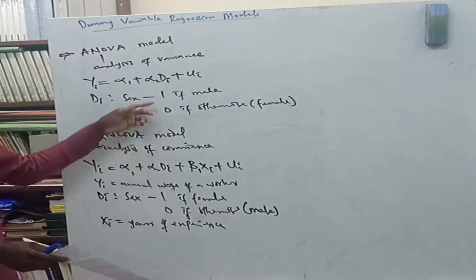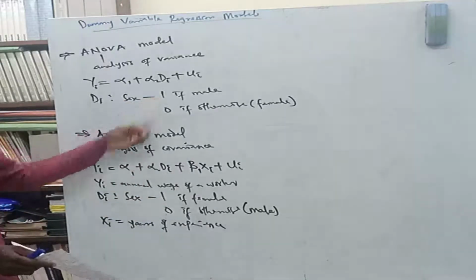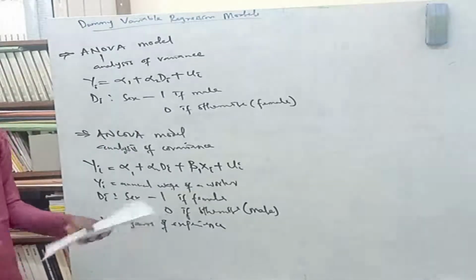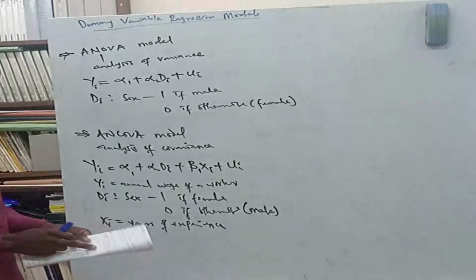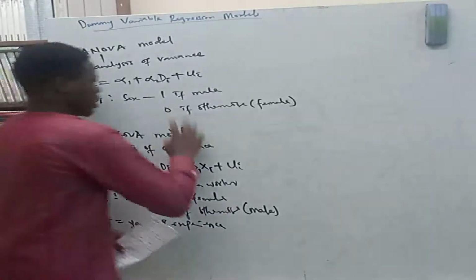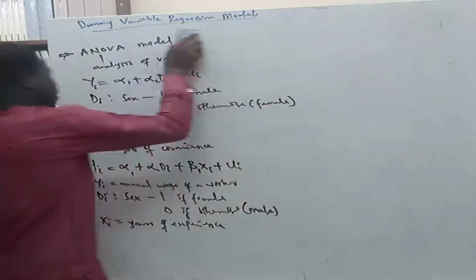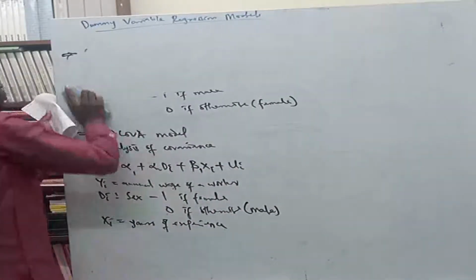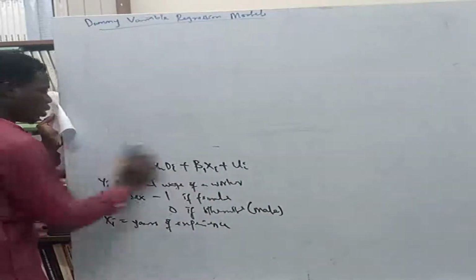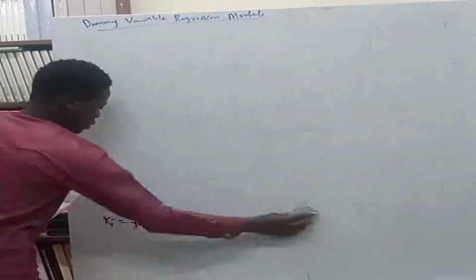So if I use this in my example and you use this in your own example, we are expected to get the same answer at the end of the day. So that is just that on how the dummy variable can be incorporated into our regression model.